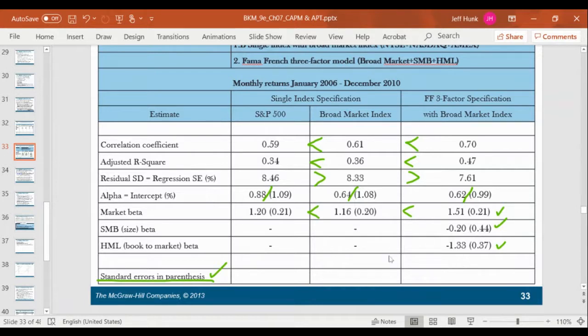And the book to market beta also has a negative correlation, but this one is statistically significant, and not this one.